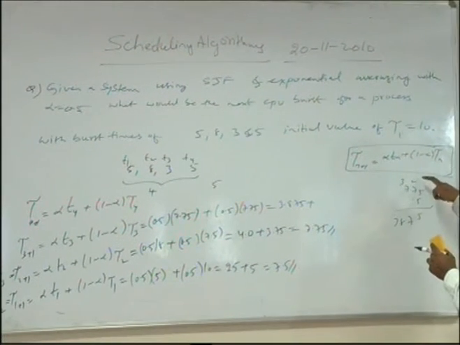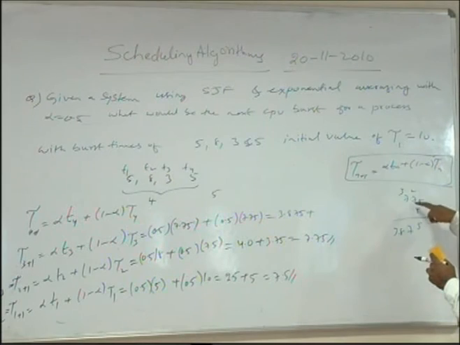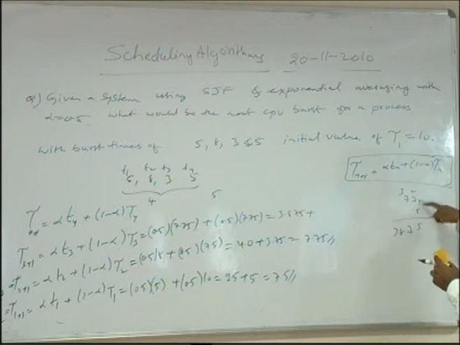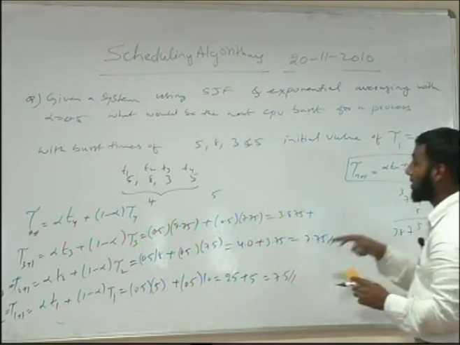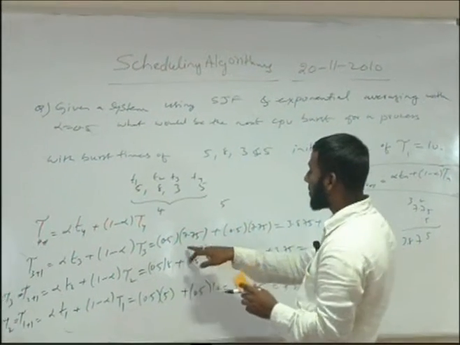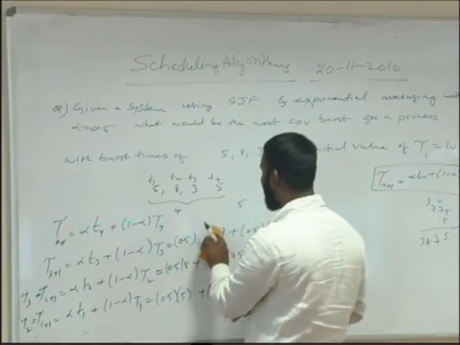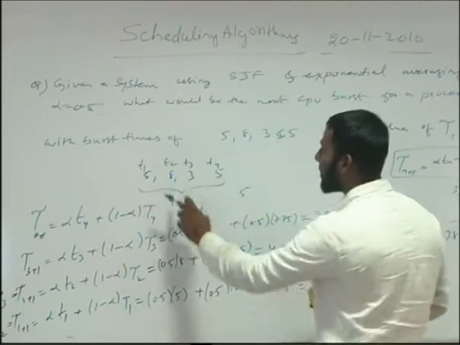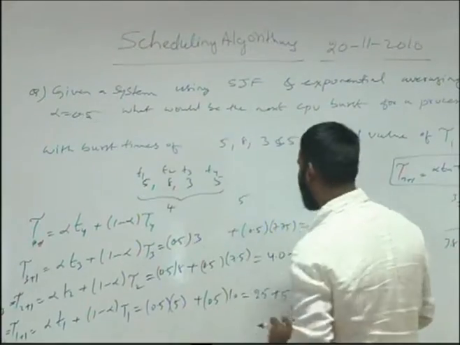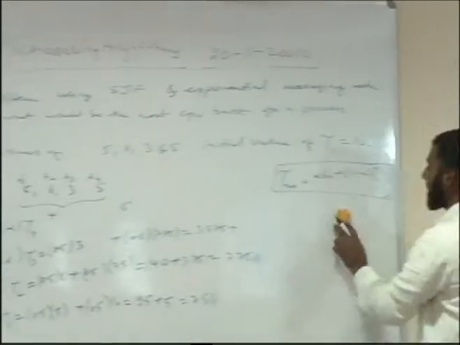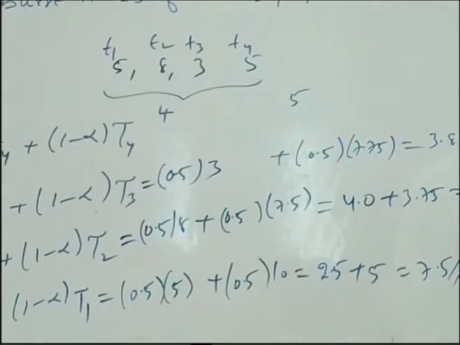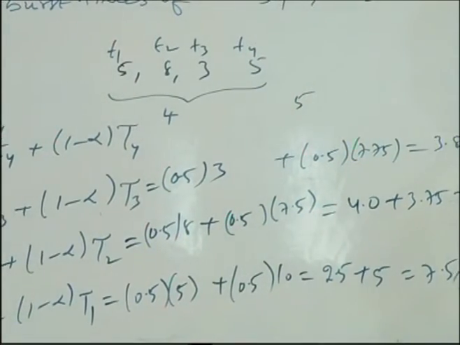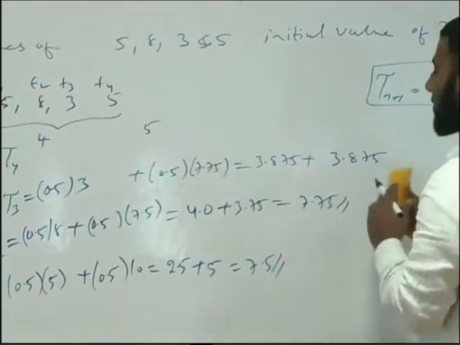It is reducing here, how come? Sorry, it should not reduce. I made a mistake here. So, we got this value 3.875.